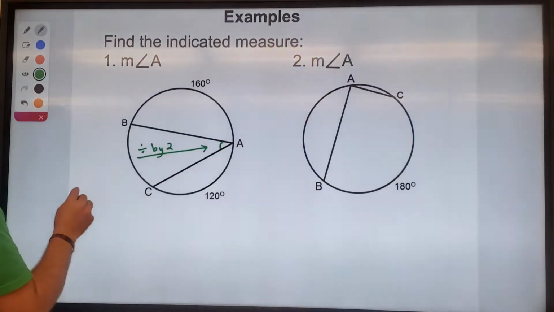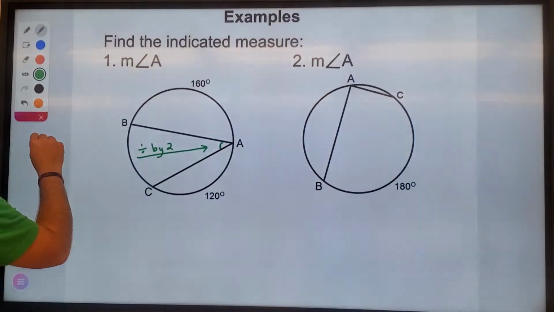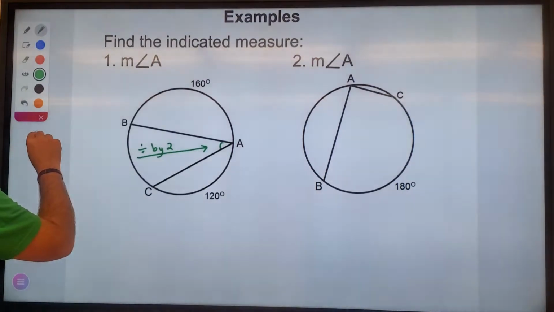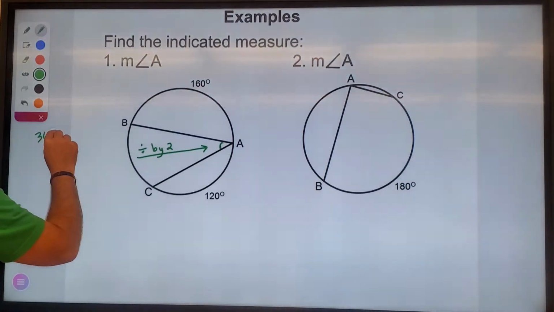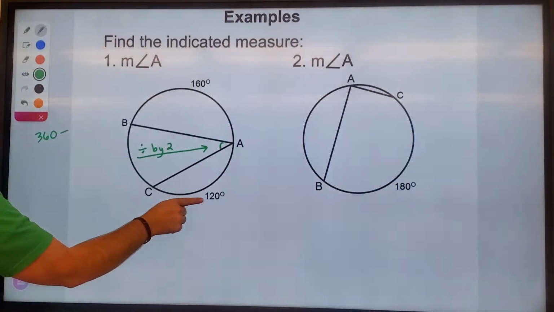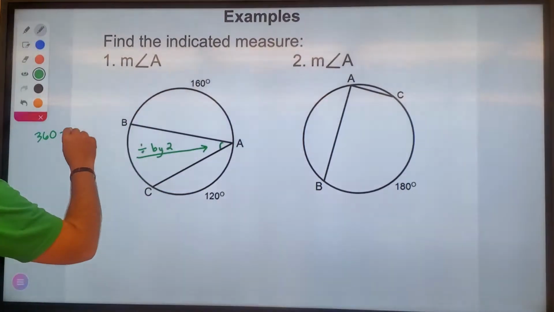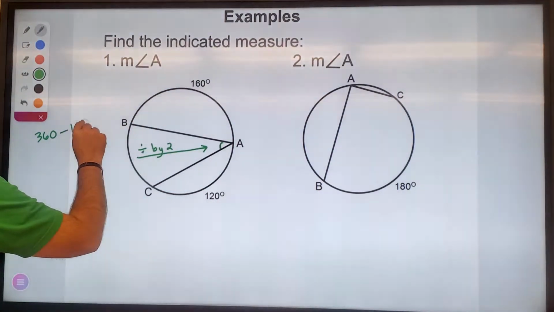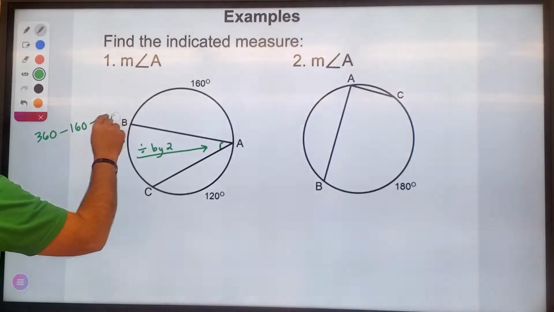And those 3 add up to 360 degrees. So I know that I have 360 minus the 160 and the 120. So minus 160 minus 120.